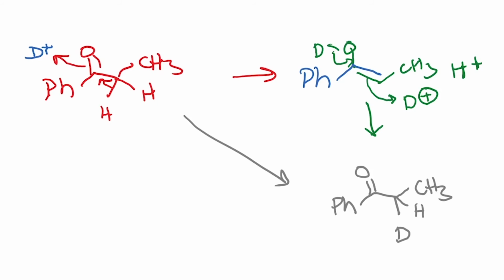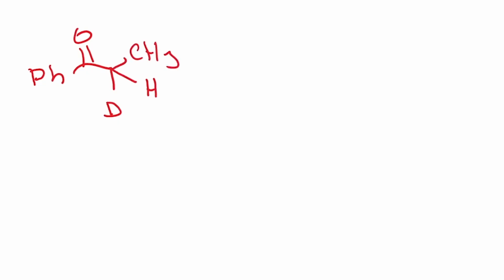Okay, now another experiment that can be done as a follow-up is if you take this compound and this product, and I'm going to draw it separately in the next slide. So if I start with this compound, and now let's say I make this compound separately, and I expose this to D2O.